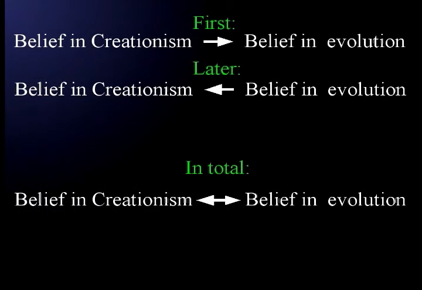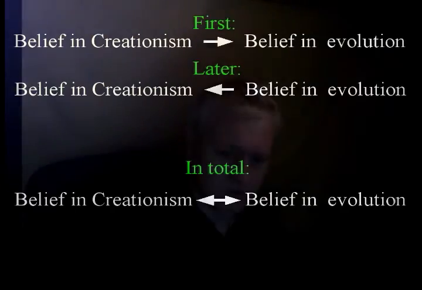If there is a direct connection between evolution and creationism, the influence could go one way at one time and another way at another time. Still, it would be weird if these influences were distributed exactly 50-50, so we could still identify a main direction of influence.